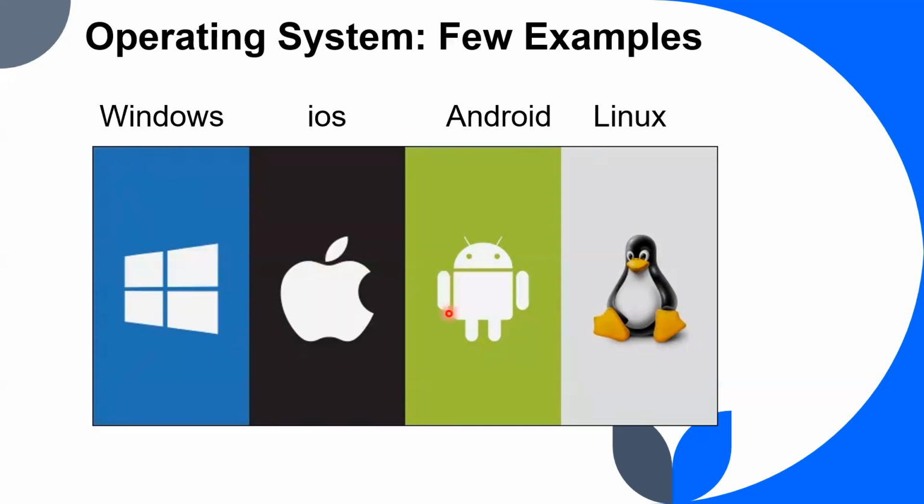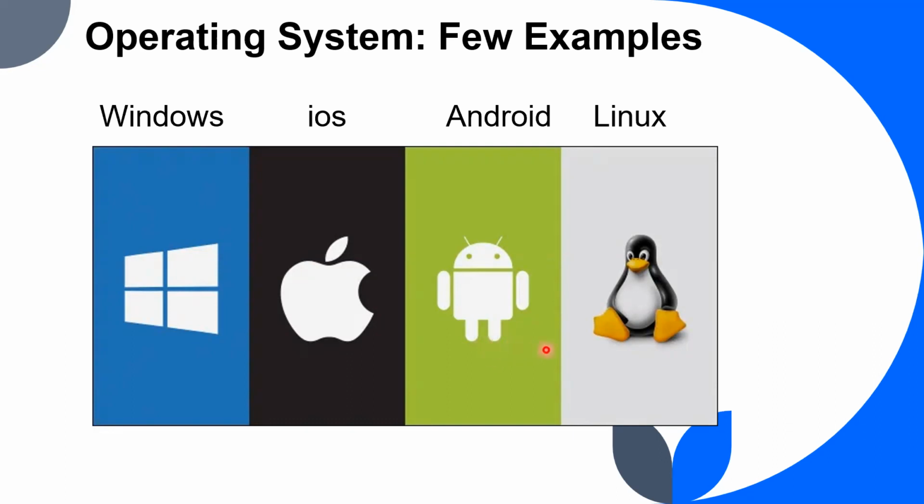Some of the operating systems are used for mobile devices also, like Android and iOS. So no matter what kind of device you use, be it a desktop computer, laptop or a mobile device, having an operating system is necessary in order to make use of these devices or to interact with the applications that are running on these devices.